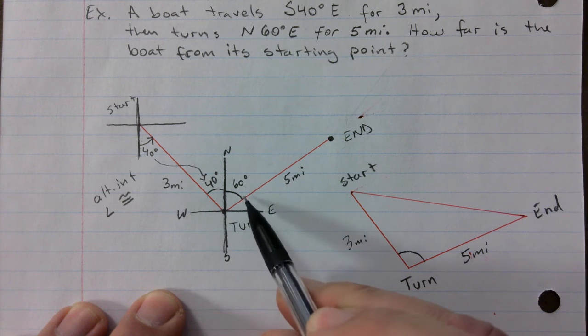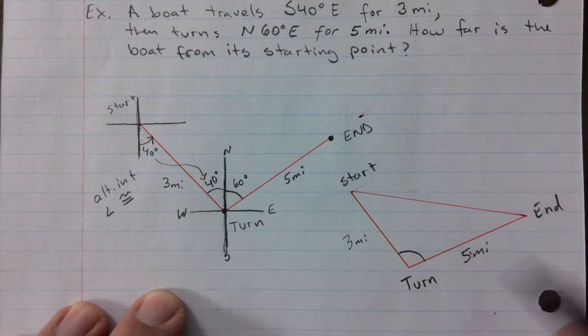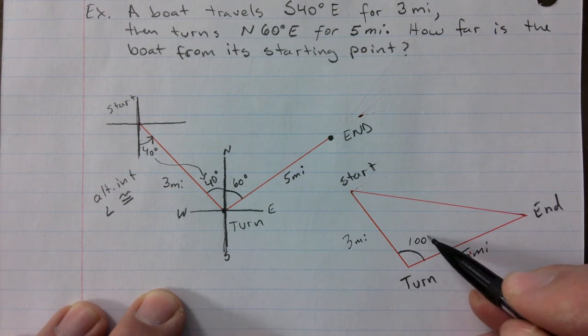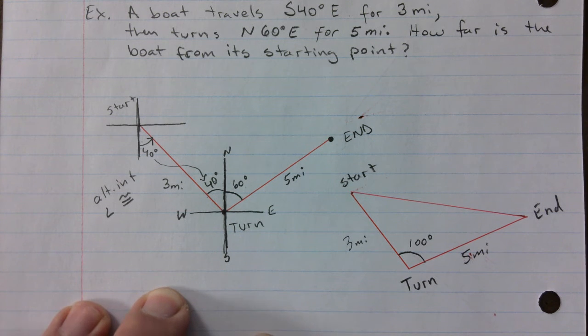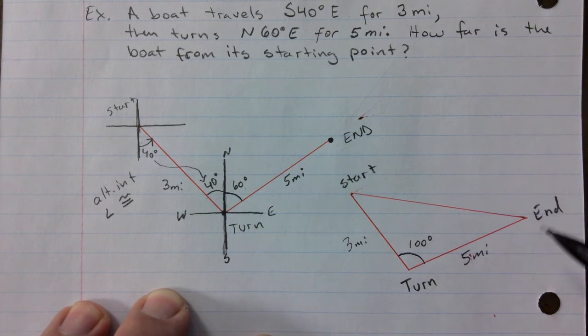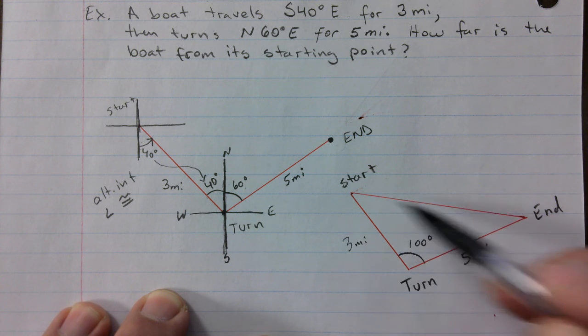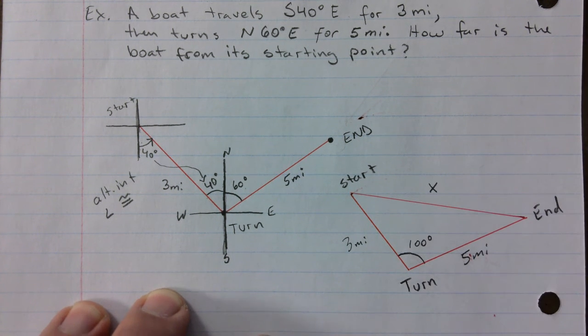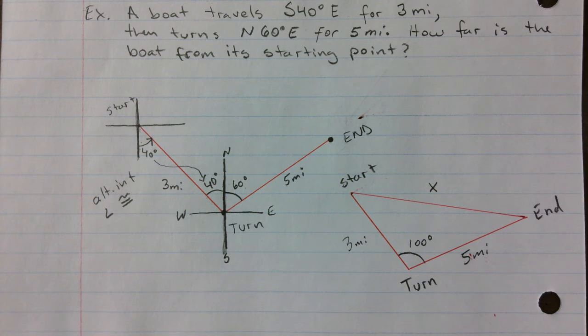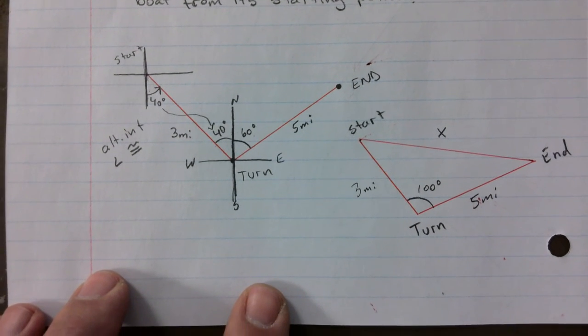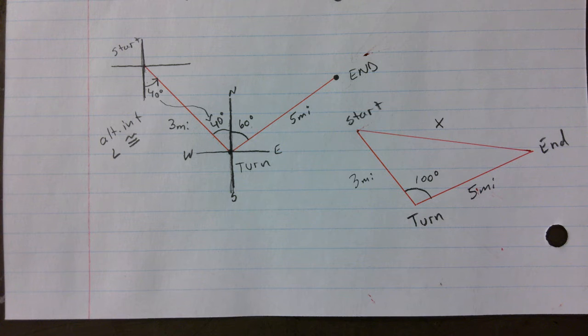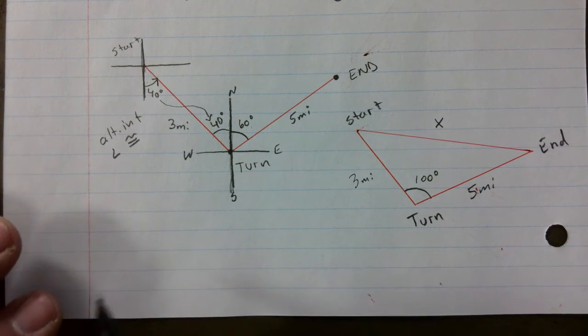From end to end, it's 100, right? It just happens to be 100 again. And the question is asking me, if you travel here, how far are you from the starting point? So this is my unknown.